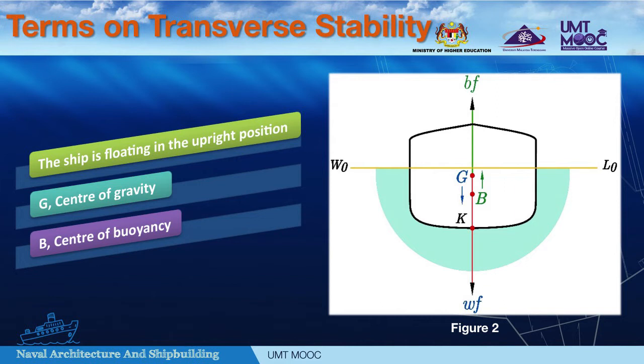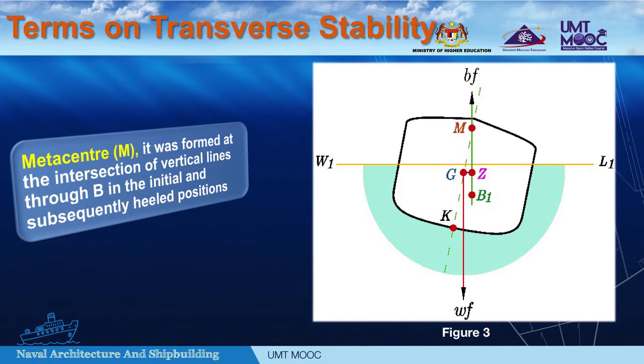As referred to the gravity and buoyancy points, we can say here that in case the gravity and buoyancy forces act on the same vertical line downward and upward respectively, the ship is known as floating in the upright position. Dear all students, the next term we should know is the metacenter, written as M, as shown in figure 3.